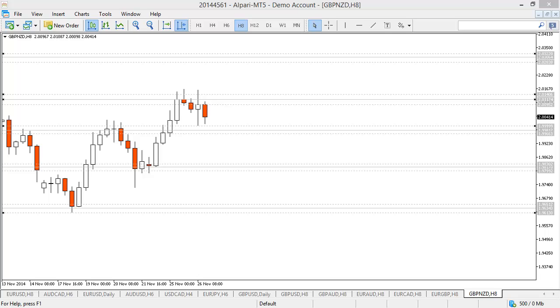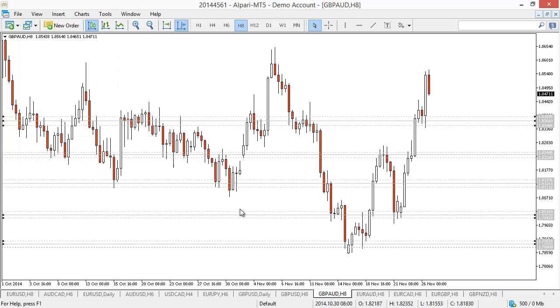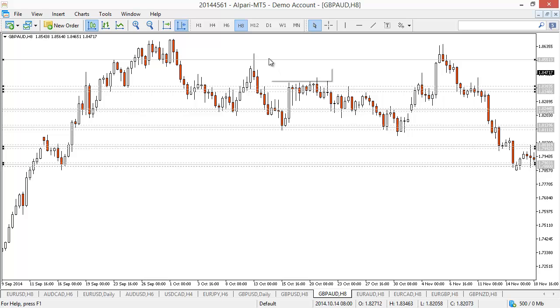Travis, I've been watching GBP AUD today. Is it smart to watch for it to bounce from the 1.860 range? Essentially, you're asking about support resistance areas up here.